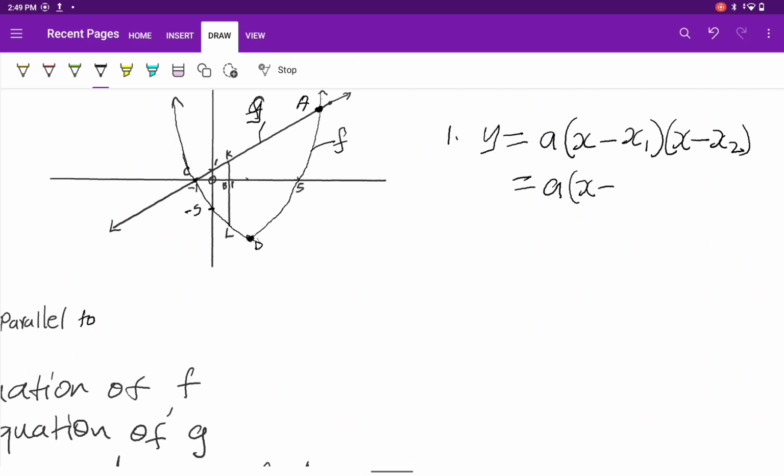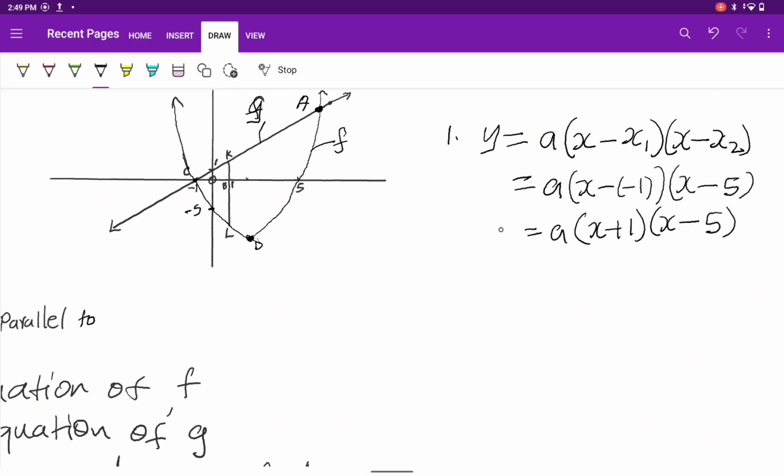The first x-intercept is -1 and the second is 5. So we actually have y equals a(x plus 1)(x minus 5).